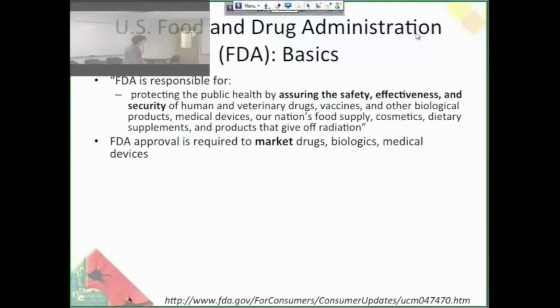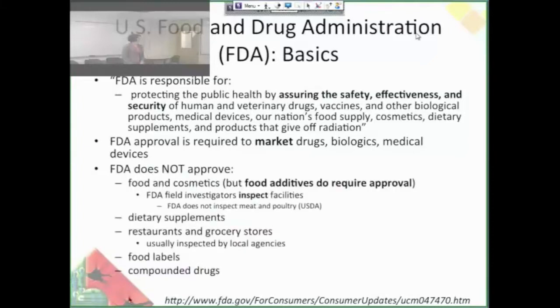I think it's interesting what the FDA does not approve, because there are a lot of myths that come into information about the FDA. Like, for example, the FDA does not approve food or cosmetics. So this was really confusing when I was first looking at this, because it says in the mission statement, we protect public health by assuring safety of food and cosmetics.